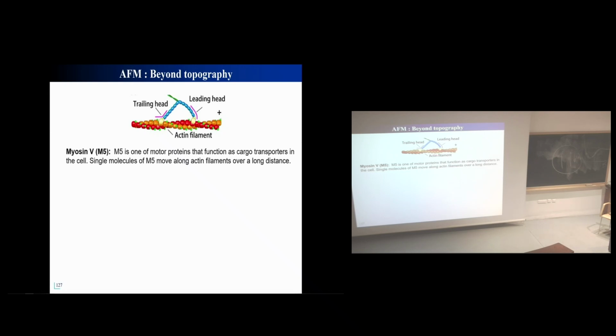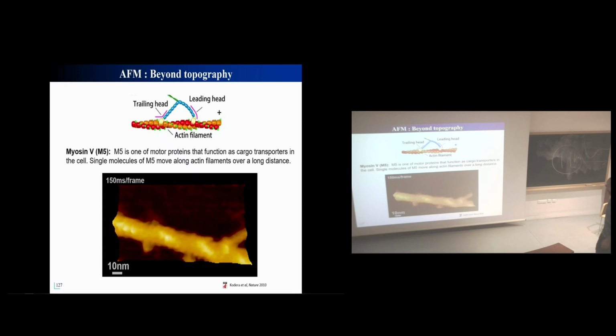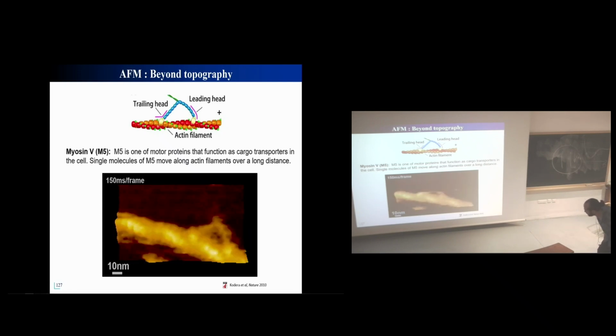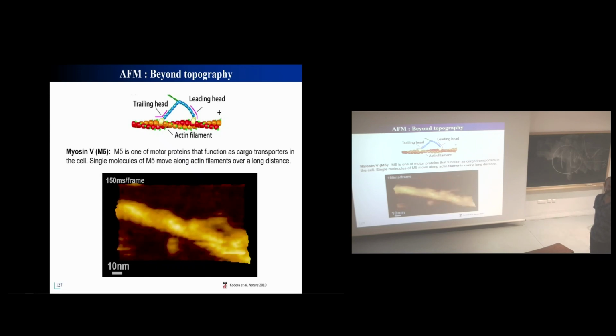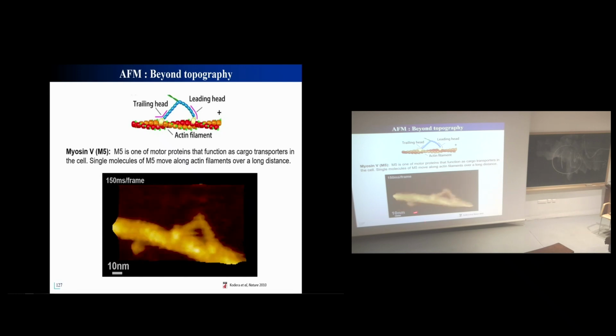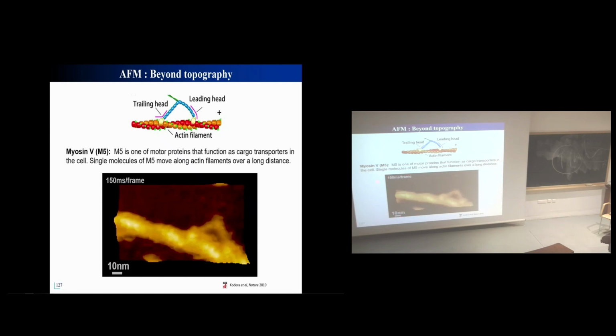Don't ask me what these are. It's in real time. Look at this. It's great. It's a molecule running along the filament. Just to tell you what's possible to do with an AFM, you can have molecular resolution and almost real-time imaging of what's going on there.